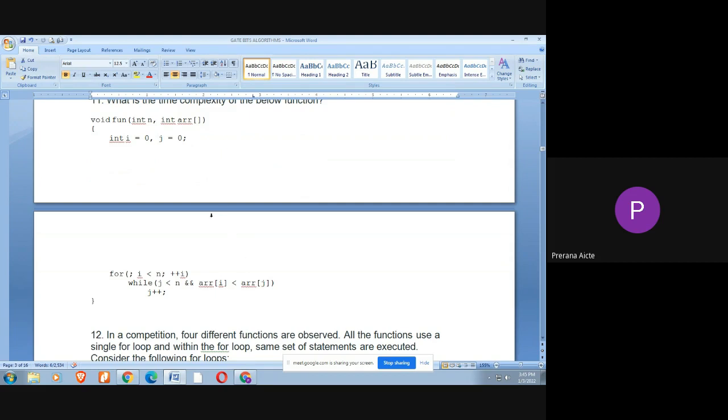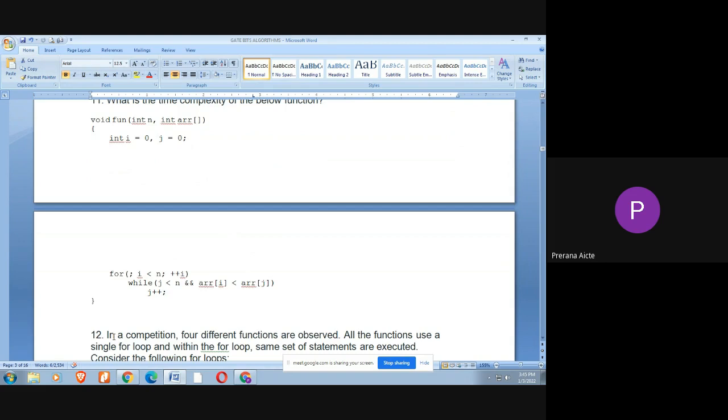When we have the first look at this code, the time complexity seems to be order of n square, as we have two loops, a for loop and a while loop. But here, the variable j is not initialized for each value of the variable i.